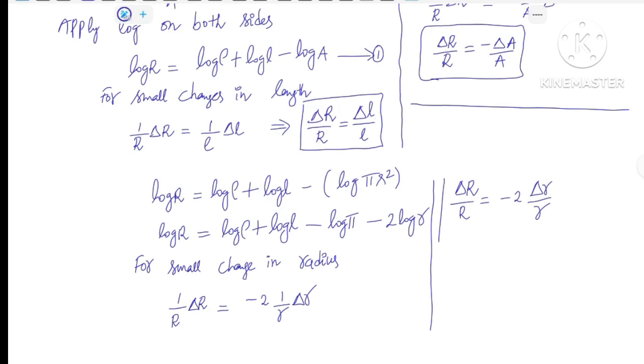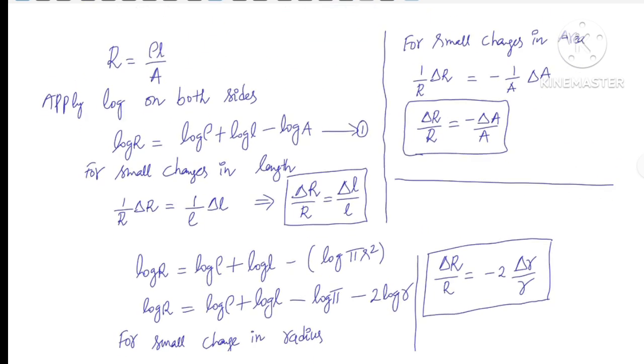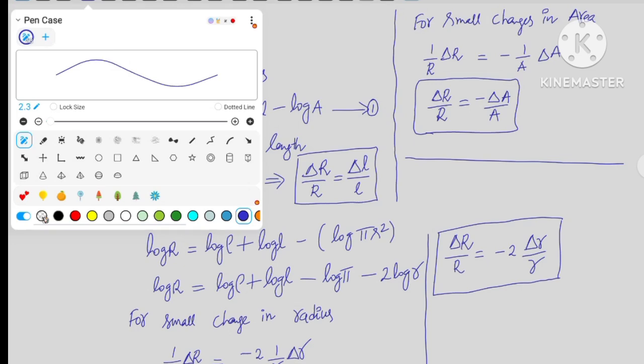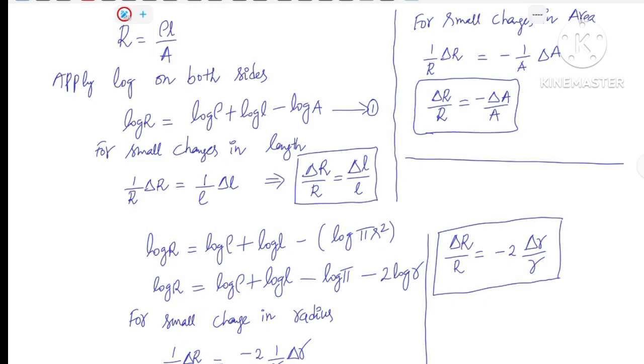In this way we can understand how to derive the change in resistance for small changes. First we have seen for small changes in length of the conductor, so this is the situation. For small change in the area of cross section of the conductor, this is the situation.